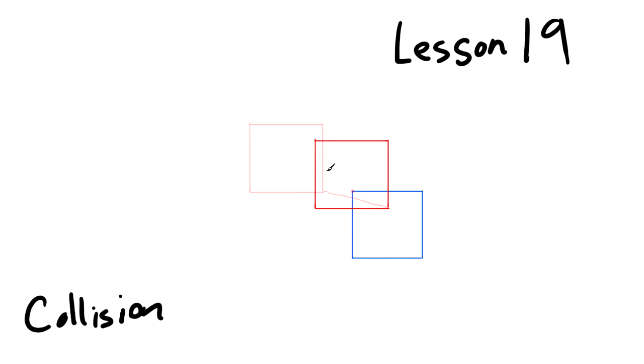Now in terms of math, you've got a point here, you've got a point here. That means you can find the equation of this line. Oops, wrong one. You can find the equation of this line. And once you have the equation of that line, you take the x value of this point, you plug it into the equation, you get the y value of this point. You test the y value of this versus the y value of this. If it's lower, you're under. If it's higher, you're over.